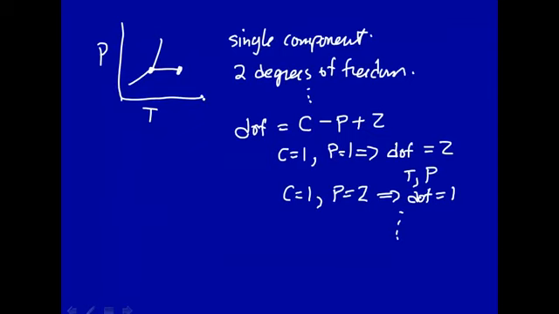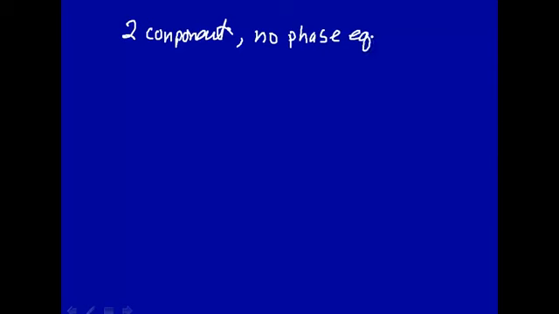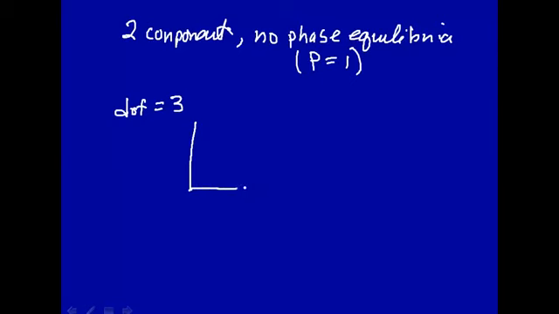So here we have 2 degrees of freedom. This is the X and Y axis. Now with 2 components and no phase equilibria, which means that the number of phases can be equal to 1, so we have no constraints, then the degrees of freedom will equal 3. So really what we need is a 3-dimensional graph.